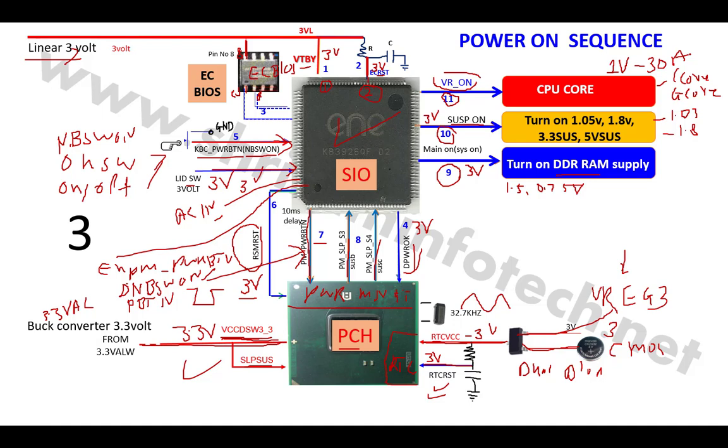If it is an older generation, like first generation, then it requires 30 ampere. If it is a second or third generation, laptops require 20 ampere current. So the VR on signal generates the core voltage, and in this way your entire laptop will be turned on.